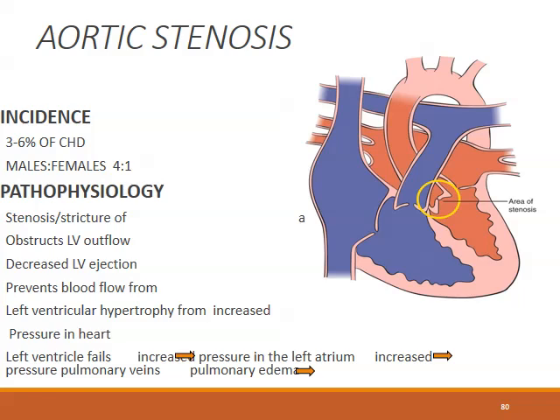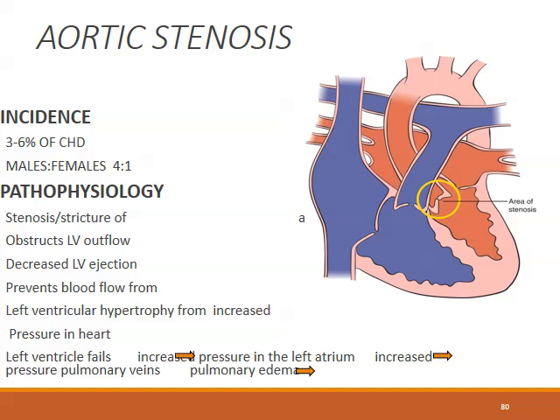Aortic stenosis, 3 to 6% of congenital heart defects. This occurs in males more than females, 4 to 1. Stenosis or stricture of the aortic valve obstructs the left ventricular outflow, decreases the left ventricular ejection, and prevents blood flow from the left ventricle.